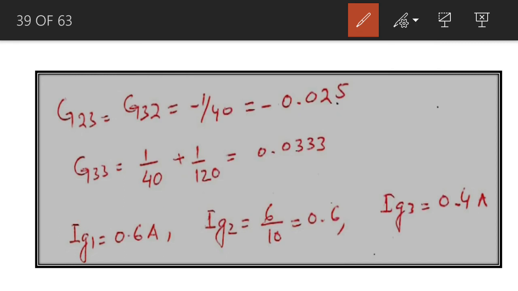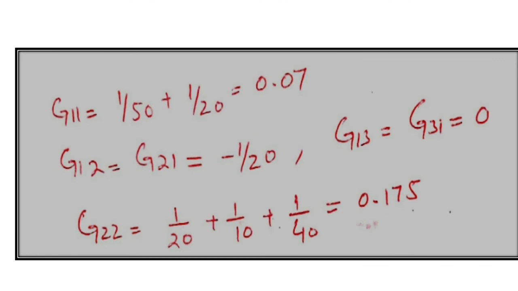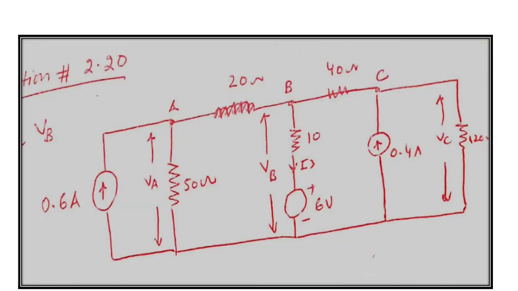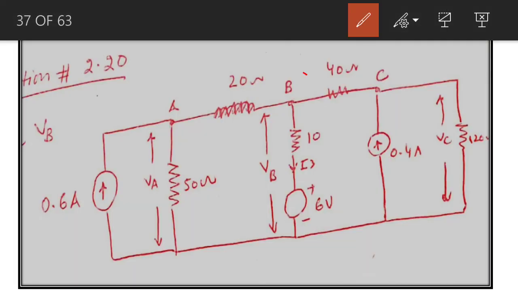For Ig2, we consider the voltage of the voltage source which has been connected to the second node, and we divide it by the resistance of the series resistor. So let us consider the second node. A voltage source has been connected to the second node with the help of this series resistor.